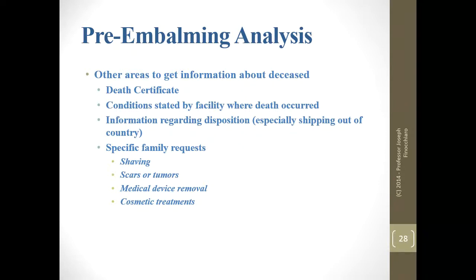We can get information from a death certificate if a death certificate exists. But to say that, oh no, we can't use it because we always get it after the fact, that is not always the case. You might have a family that is nowhere to be seen and there is a death certificate in the system, and you might be able to get that information prior to the embalming, because the family finally shows up.